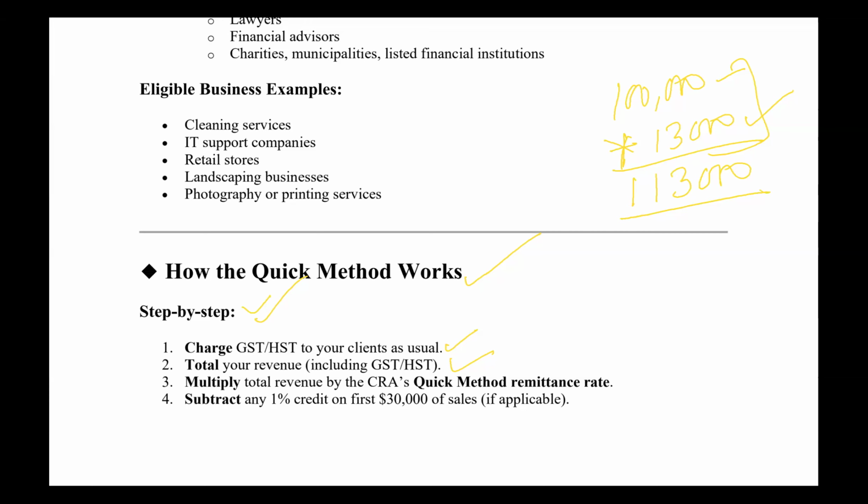Then we multiply it by our rate. Rate is 8.8%. So the value was how much? 9,000 something, right? This is the third step. And the fourth one is subtract the 1% credit. So we'll do less 30,000 into 1%.